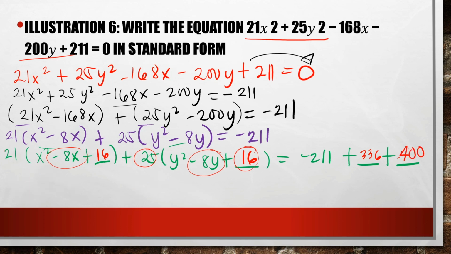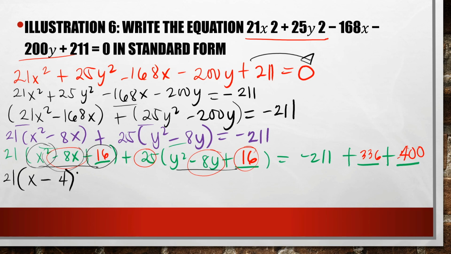So, next is, transform natin ulit to sa perfect square binomial. So, una natin gagawin is, i-square root natin yung x squared, yung first term. So, square root ng x squared is x. And then, yung square root ng 16 is 4. And then, follow the sign of the middle term, which is negative.